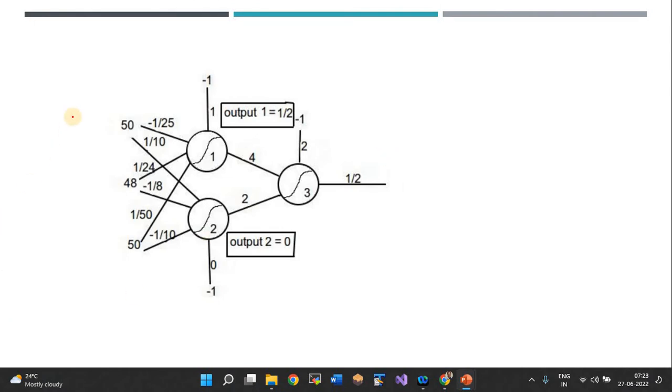Okay, the original equation was that the change in W1 is equal to learning rate times, I put it as out A.